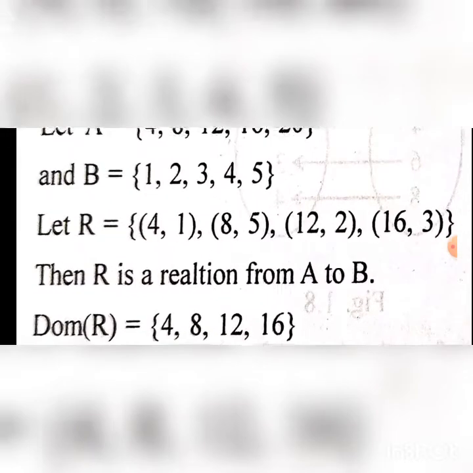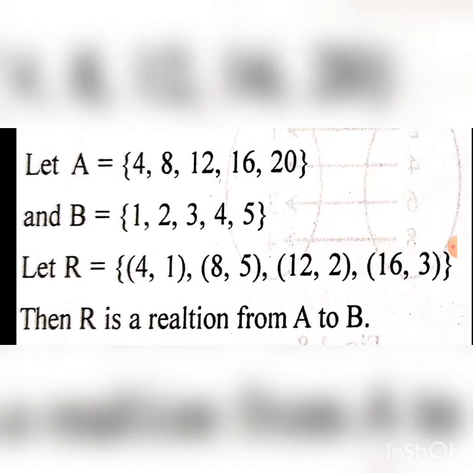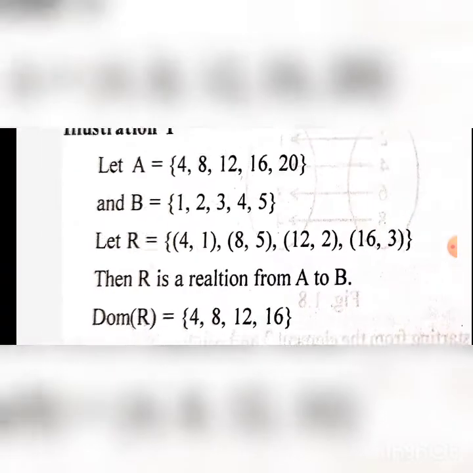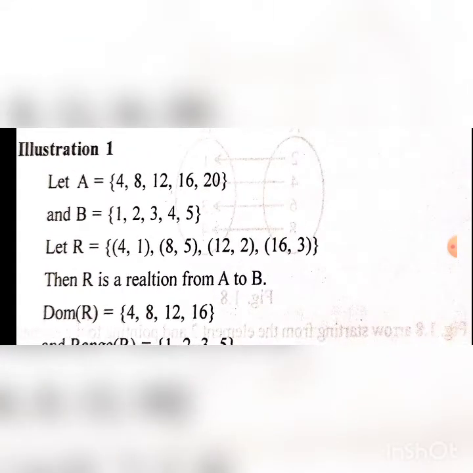We have given R, and you can see here all the first elements 4, 8, 12, 16 belong to set A, and all the second elements 1, 5, 2, 3 belong to set B. So R is a relation from A to B.